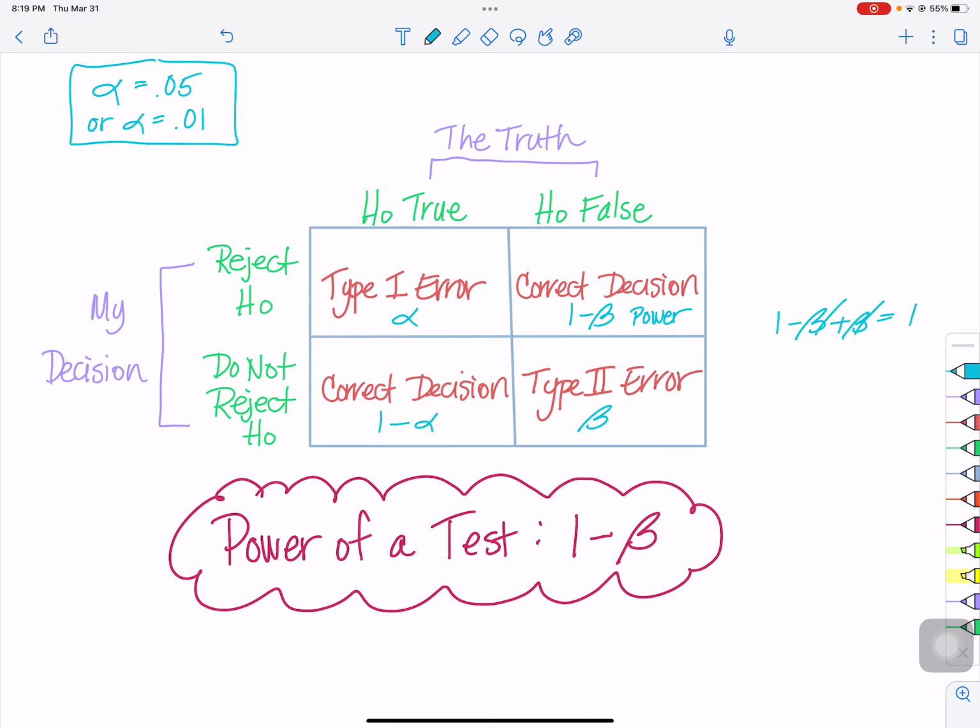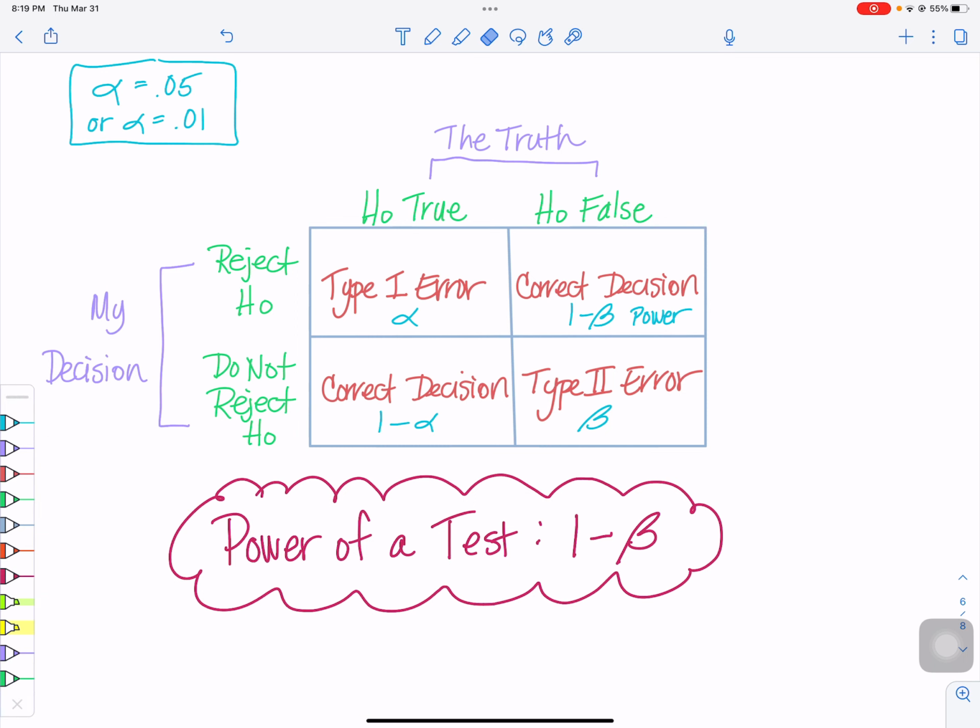So now let's talk about how and what affects the power, because that's usually what the questions are about. So in any university level stat class, that's a big deal. So let's write a few things down. The first thing I want you to know is power is equal to 1 minus beta. So let's just discuss this. If beta goes up, what happens to the power? That's correct.